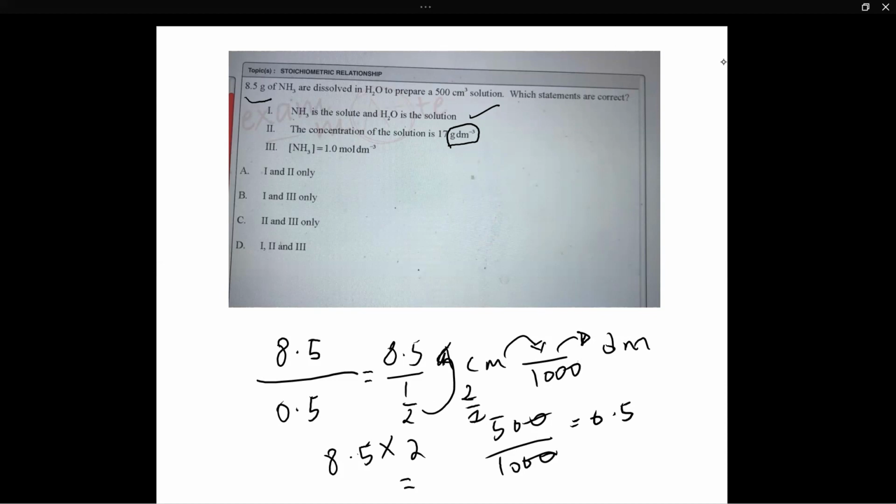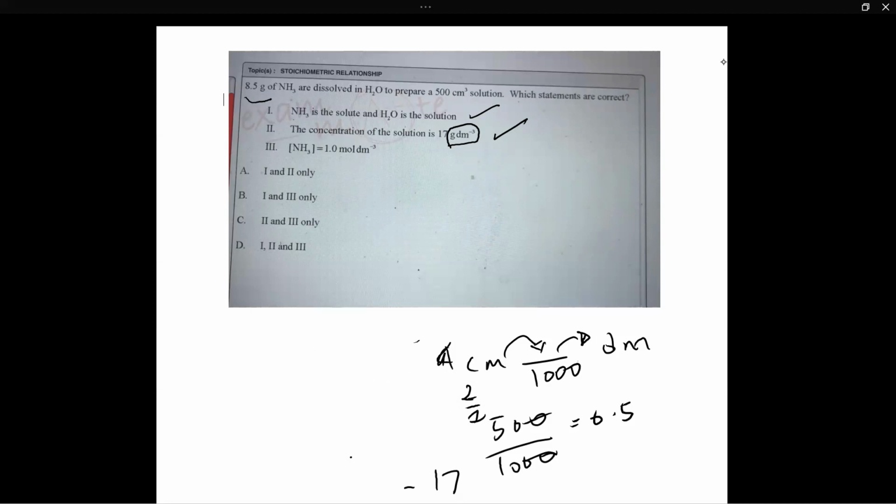So 8.5 times 2 is equal to 17. Therefore, the concentration of the solution is indeed 17 grams per decimeter cubed. So this is correct as well. I know that when we get to the math, it gets a bit confusing, but that's just a method to do it. I'm not very good at explaining mathematical concepts, but hopefully you understand that.